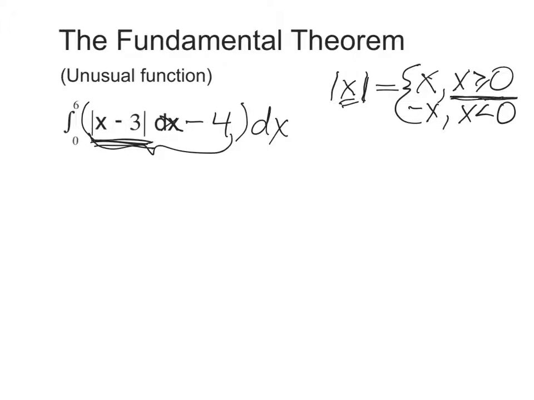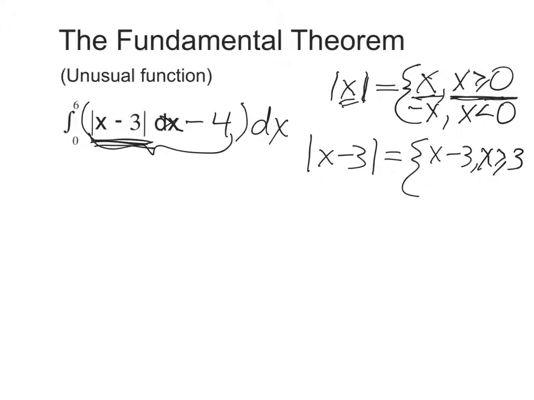If the inside is greater than or equal to 0, then the result is exactly what is on the inside. So when we put x minus 3 inside the absolute value, the top value will be x minus 3 if x is what? Greater than or equal to 3.